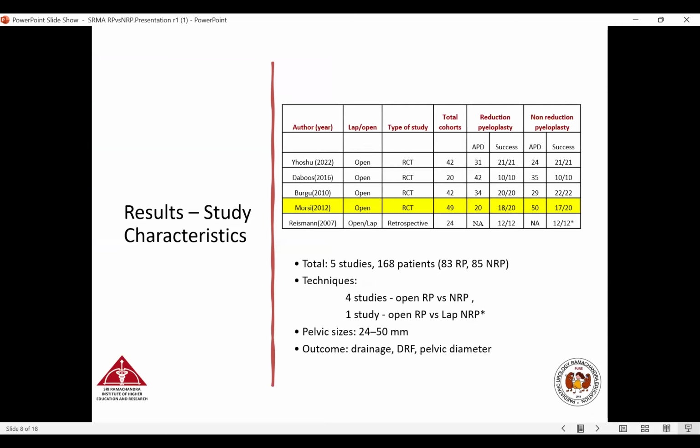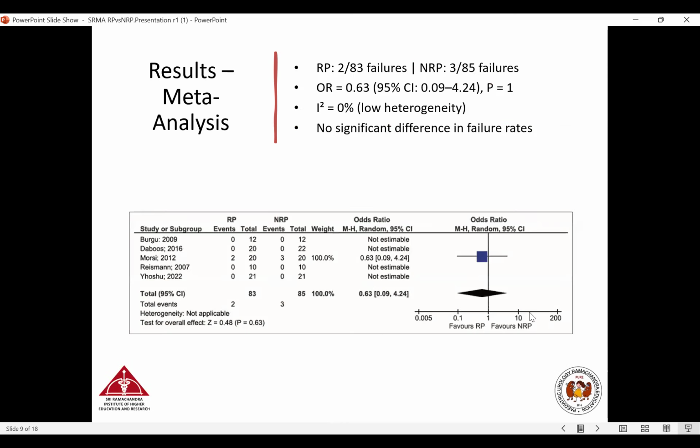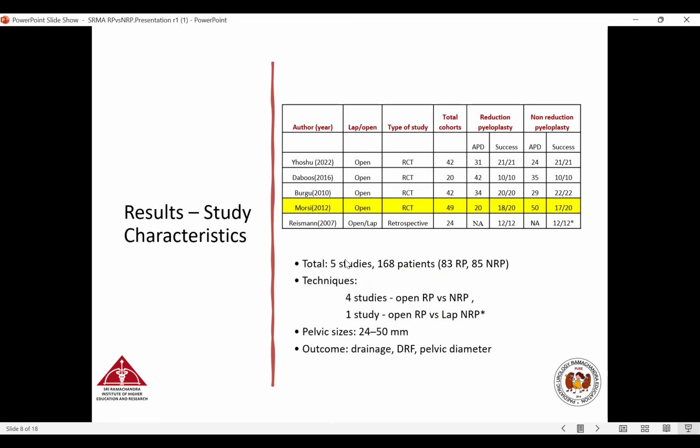Now, the biggest problem, in addition to having a small number of papers, only 5 papers, is the number of cases they have reported. There are 5 studies, total 168 patients.